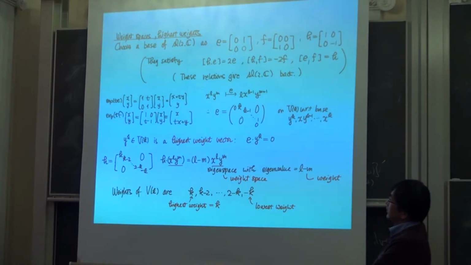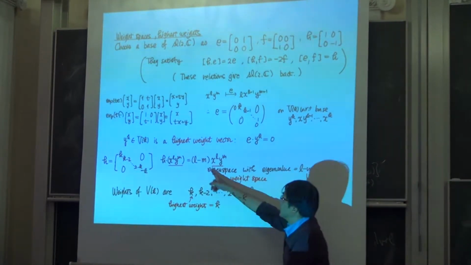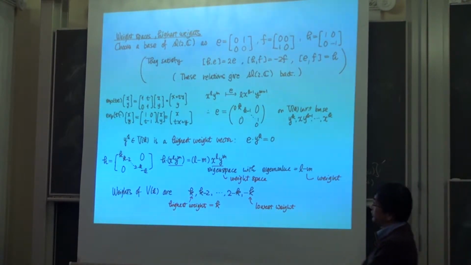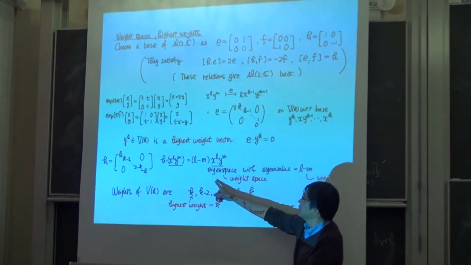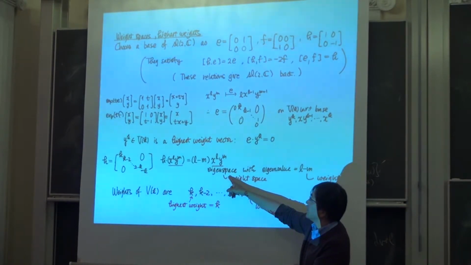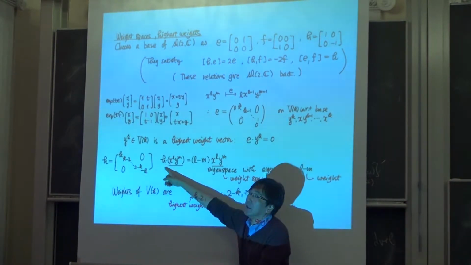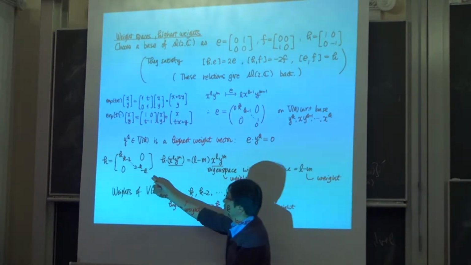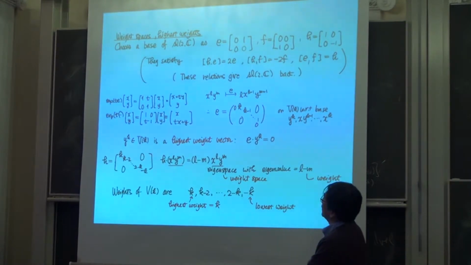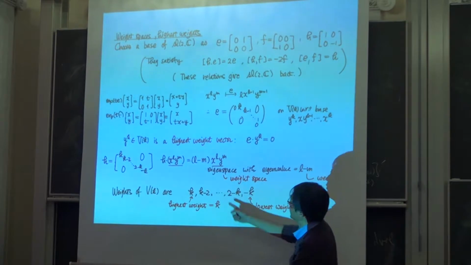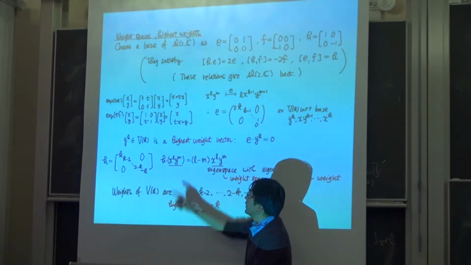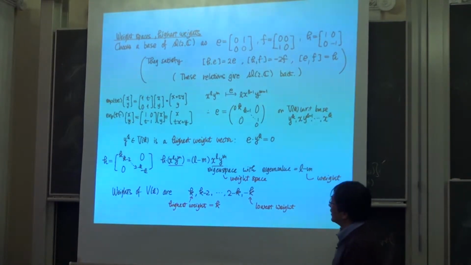So H times x^l y^m is (l minus m) times x^l y^m. It means that x^l y^m is an eigenvector of this matrix H. Of course, this is a diagonal matrix, so it's easy to compute eigenvalues and eigenvectors. Returning to polynomials, this is an eigenvector, and the eigenvalue is l minus m.